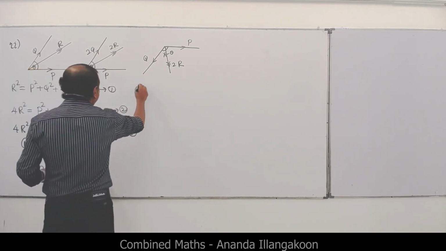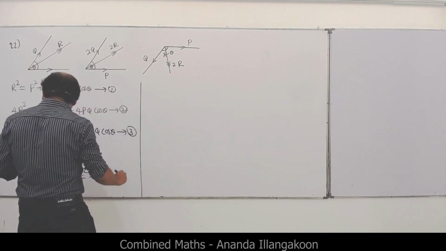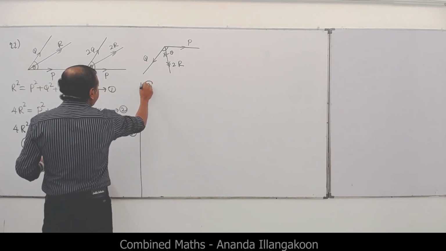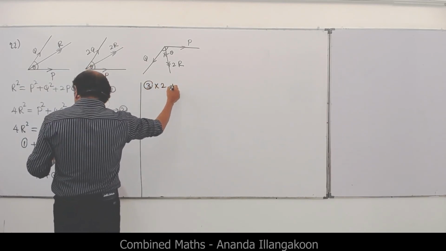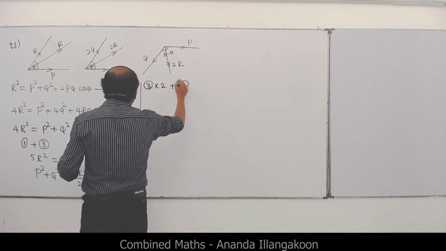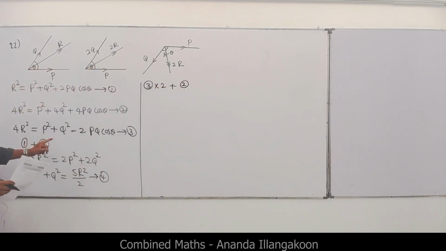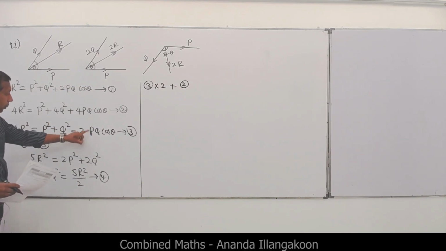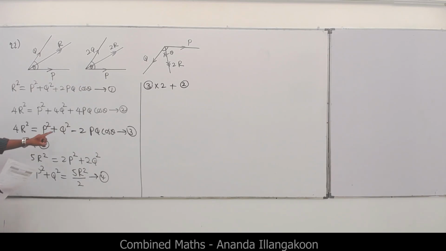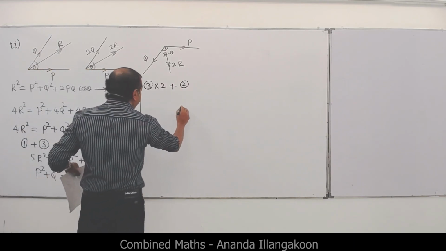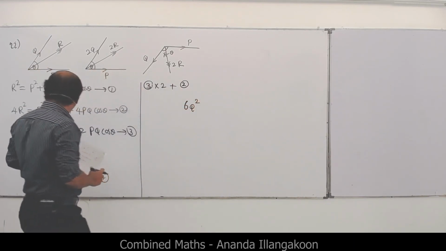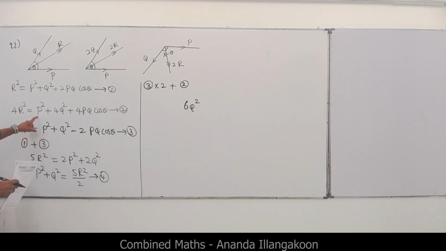Secondly, we multiply the third equation by 2 and add with number 2. The third equation we multiply by 2, and that one we add with this. Then this will be minus 4PQ cos theta, no? That and this will cancel off. Here 2Q squared, 4Q squared, we get 6Q squared. 2P squared, P squared, we get 3P squared.